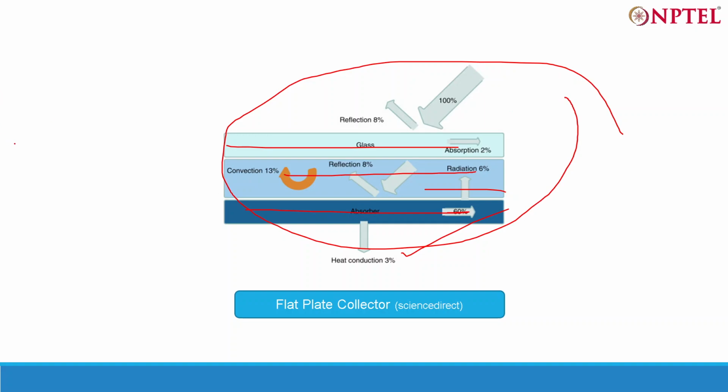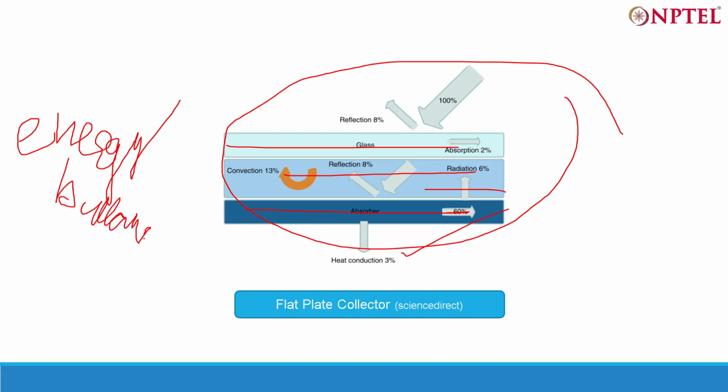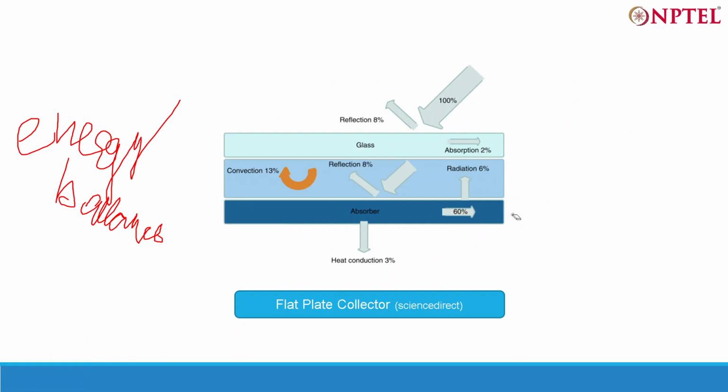I was talking about this energy balance now. Sorry for my spelling mistake. It's energy balance. This is how whatever energy is coming gets distributed. Let me erase this and please have a look at this.